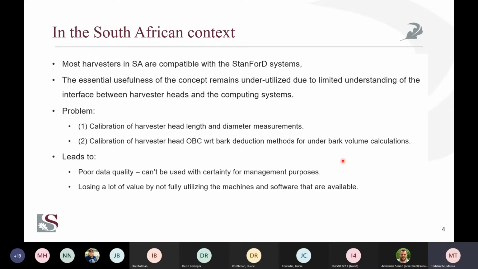So this leads to poor quality data, which you can't really use for management purposes as it's not reliable. On top of that, you're losing a lot of value because you're not using the machines to their fullest capabilities with software that is readily available on the majority of the brand new purpose-built machines.